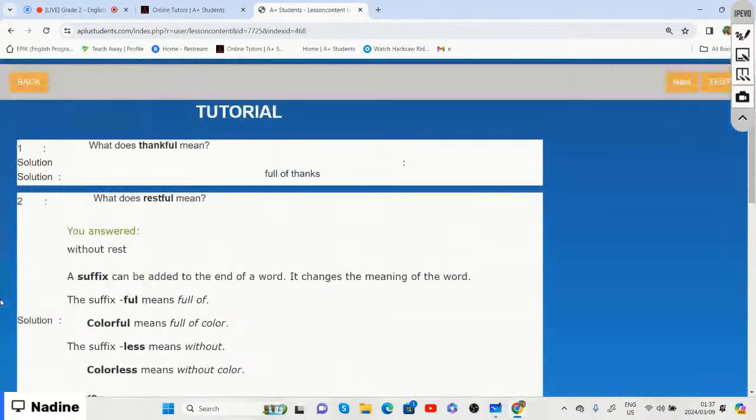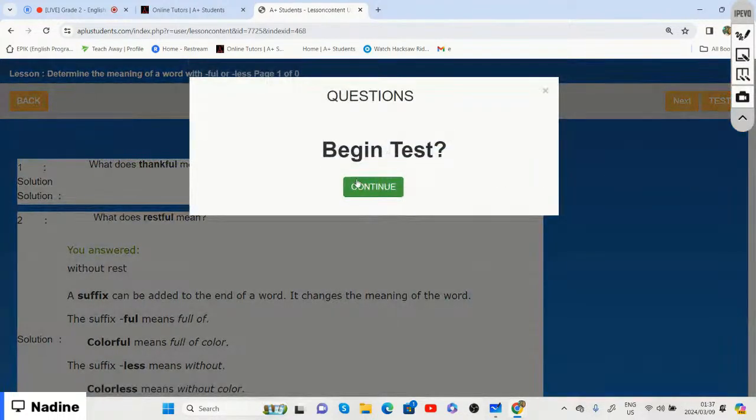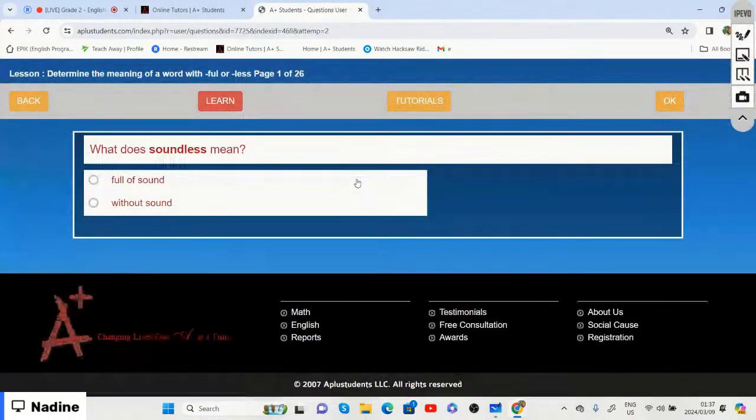Right, so now let's go to our test. What does soundless mean? Something is soundless. What does it mean? Is soundless full of sound, or is soundless without sound?